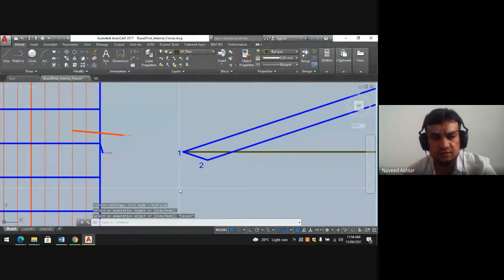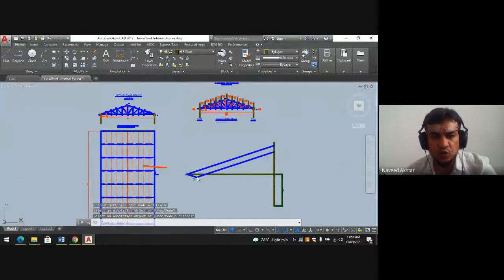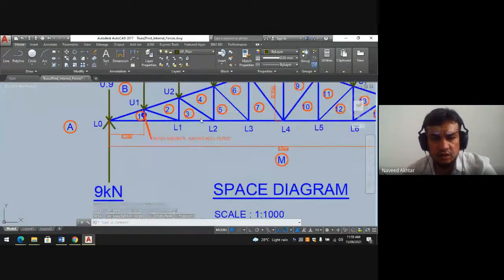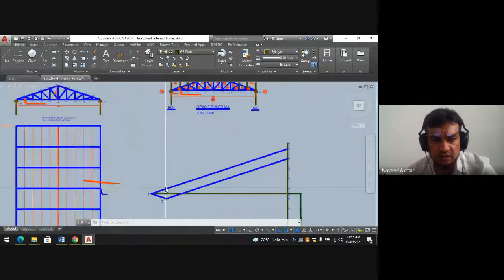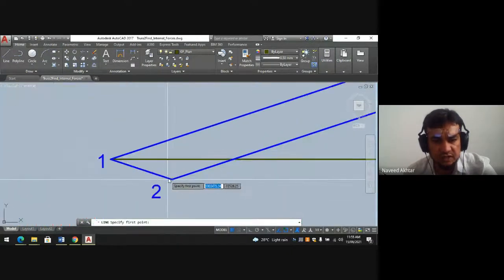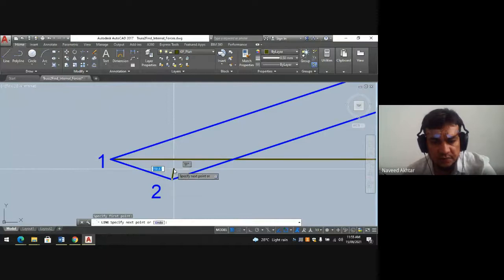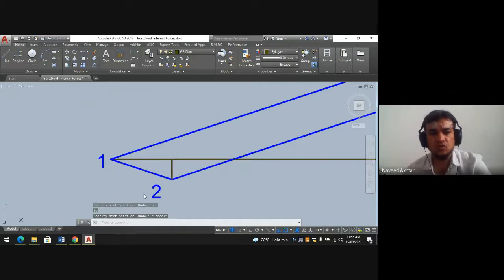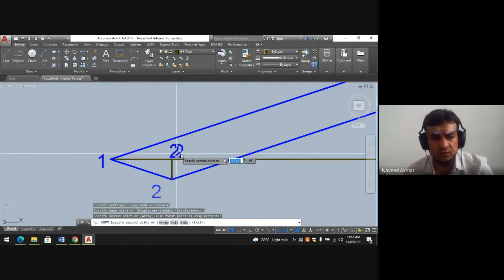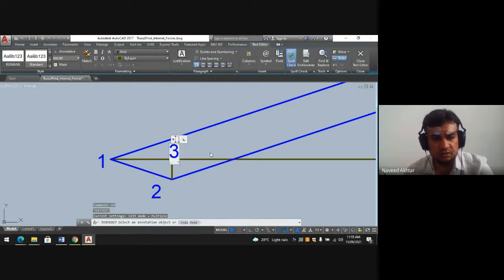And 2 to 3 is vertical, and 3 to M, so I will draw this figure. This is perpendicular to the M, which it is meeting at the end. So 2 to 3 and 3 to M. This point is our third point.